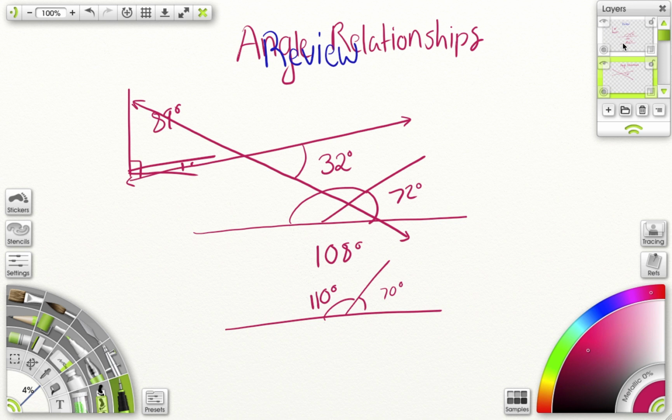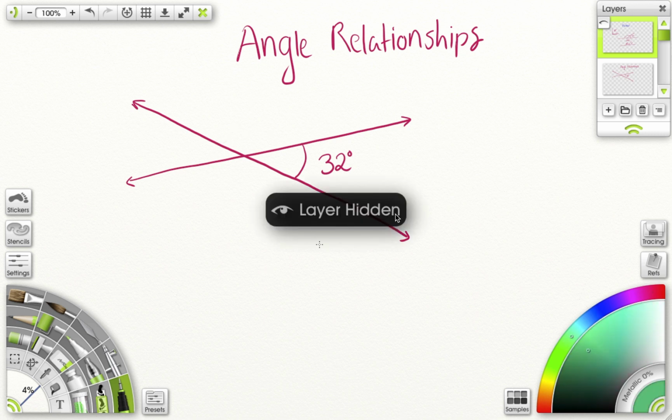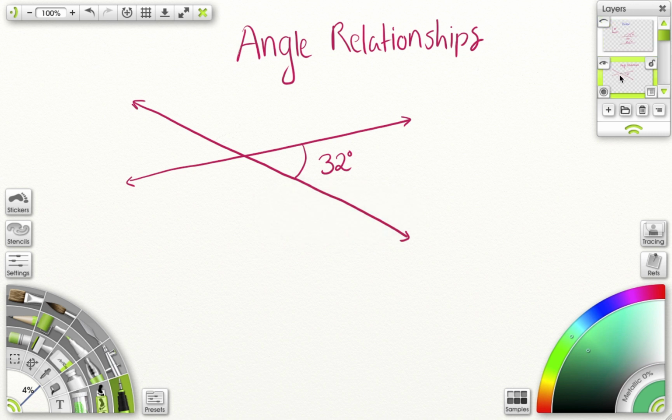So that's our complementary and supplementary angles. The next section we're doing here is called angle relationships. Right off the bat, we need to figure out what these three angles are here: 1, 2, and 3. On the face of it, it looks like it can be kind of difficult.